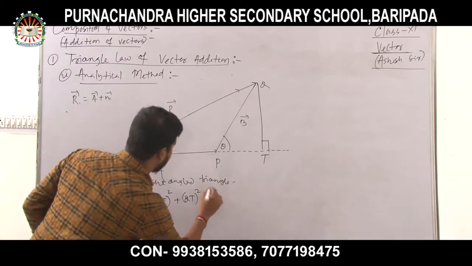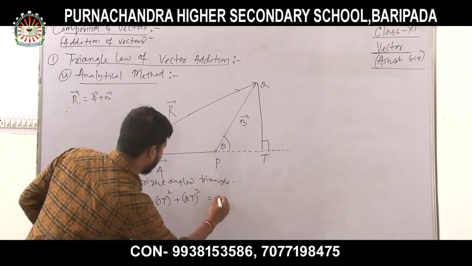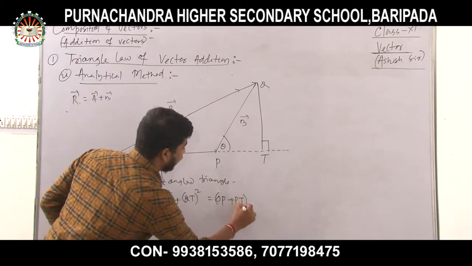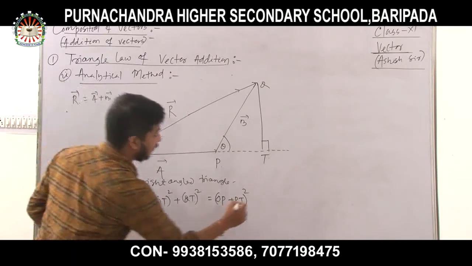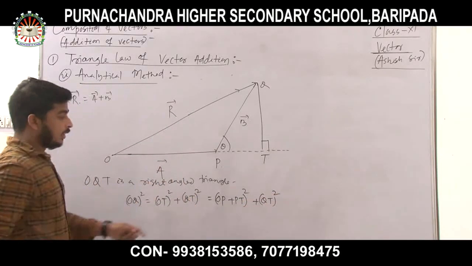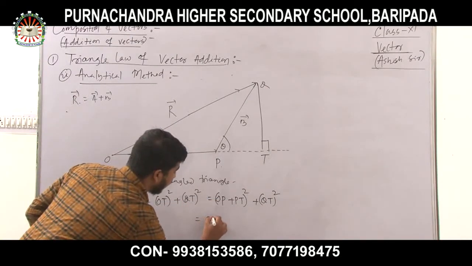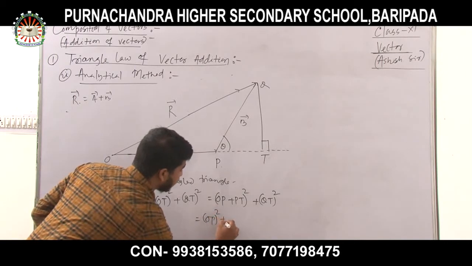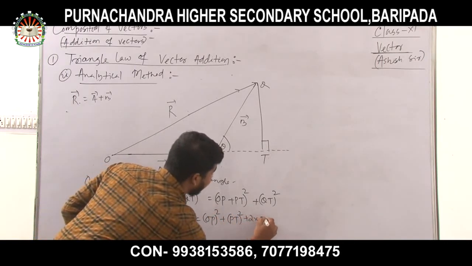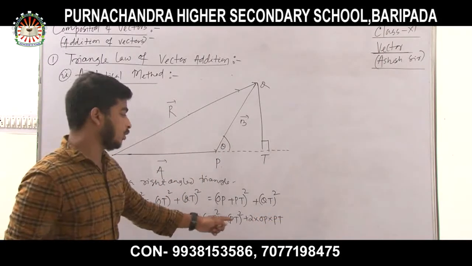So here you can say OT can be written as OP plus PT. OP plus PT whole square plus QT whole square. So here it is A plus B whole square. A plus B whole square is equal to A square plus B square plus 2AB.